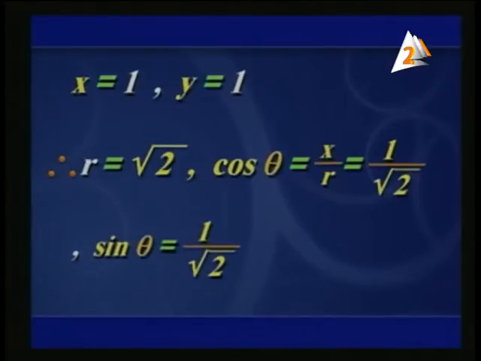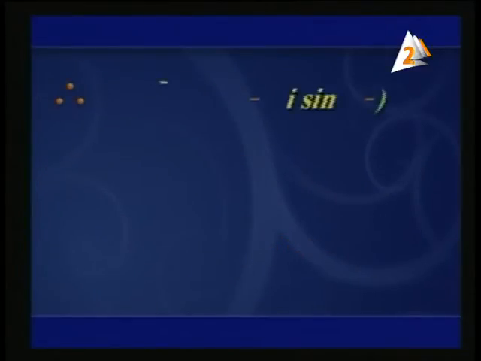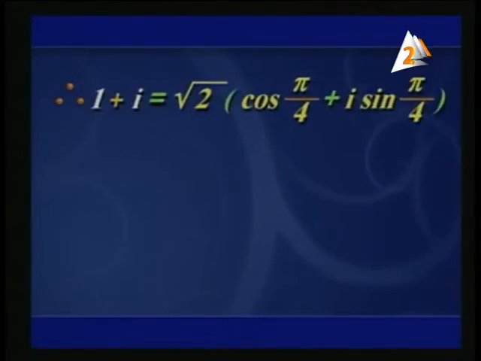Therefore, sine theta equals 1 over root 2, therefore theta equals pi over 4. Then 1 plus i equals root 2 (cosine pi over 4 plus i sine pi over 4).